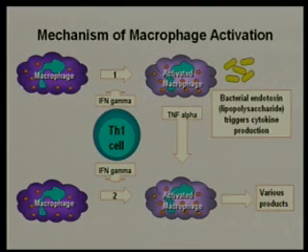And that, in combination with the interferon gamma, can lead to an activated macrophage. So you see here, primarily, these two signals, interferon gamma combined with either a bacterial endotoxin or with TNF alpha, leads to the activation of the macrophage. Is that clear?